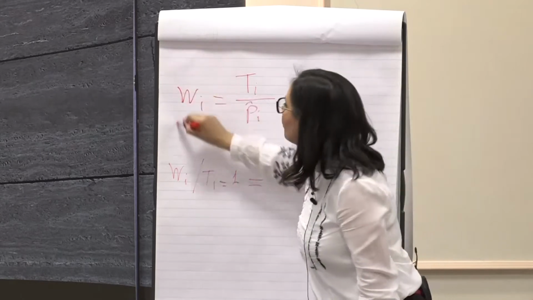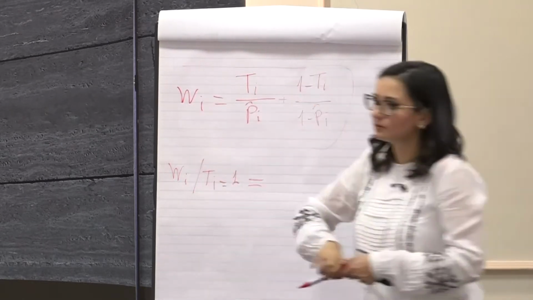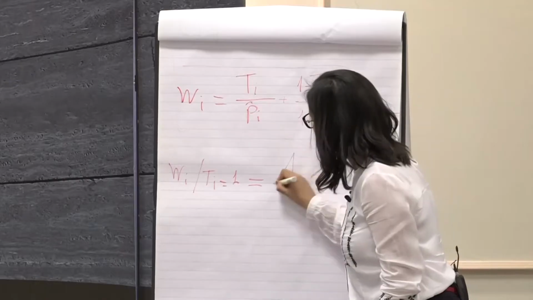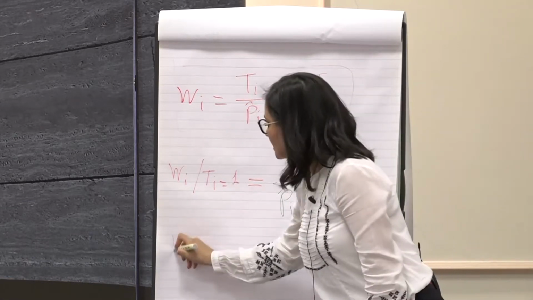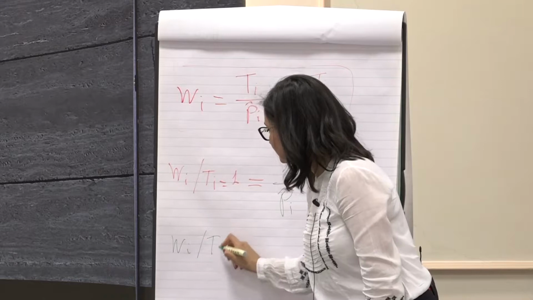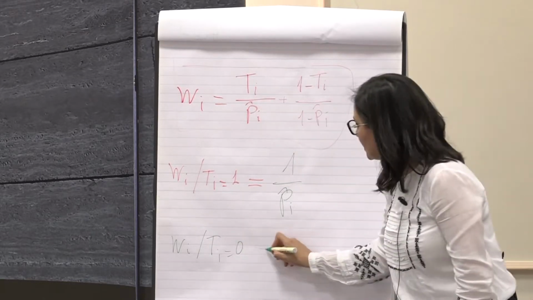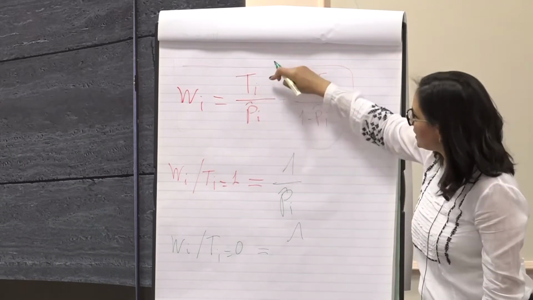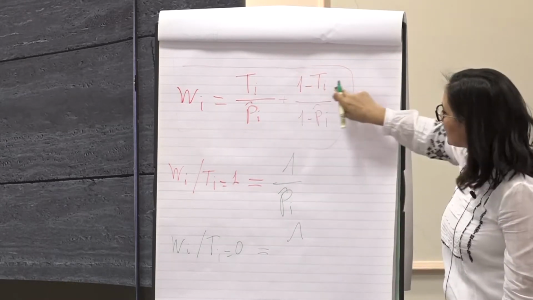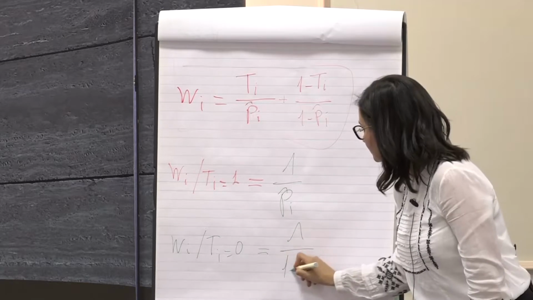This is like the general formula. If T_i equals 1, the weight of observation i will be equal to 1 over p. And if the person is not treated, its weight will be equal to 1 over 1 minus p, since this term will be 0, and this will be 1 minus 0 over 1 minus p.